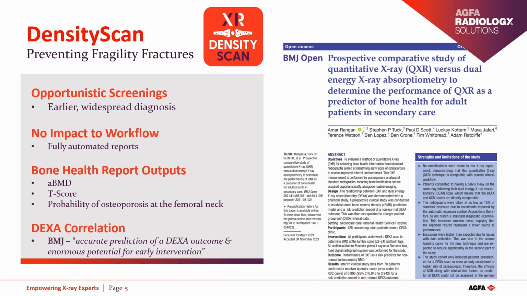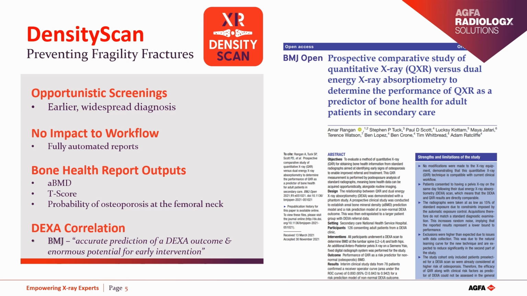A common question is related to the accuracy of density scan, which is more technically referred to as quantitative X-ray. But maybe more specifically, the questions are related to the correlation of density scan to DEXA outputs. There's been a number of studies performed to demonstrate this correlation.